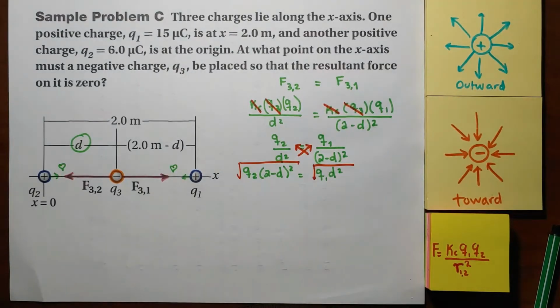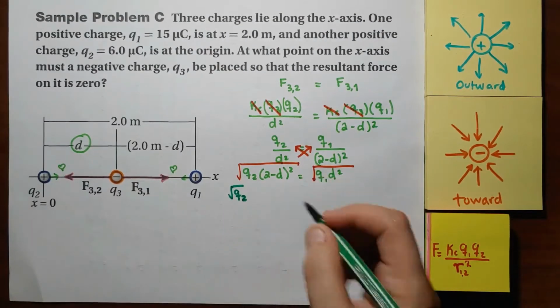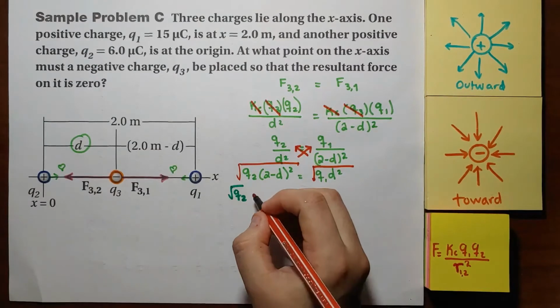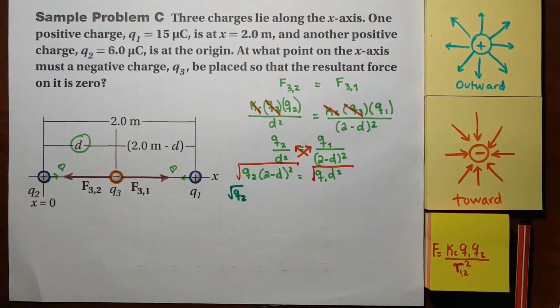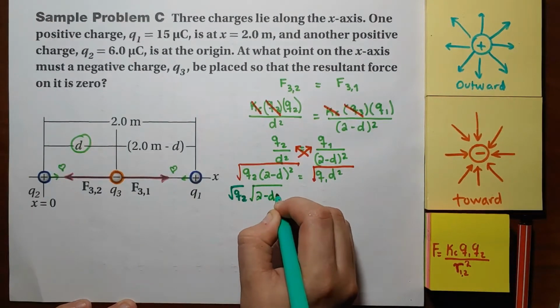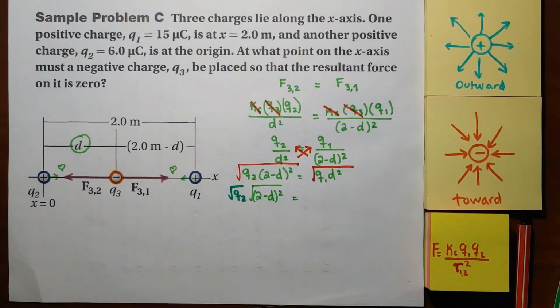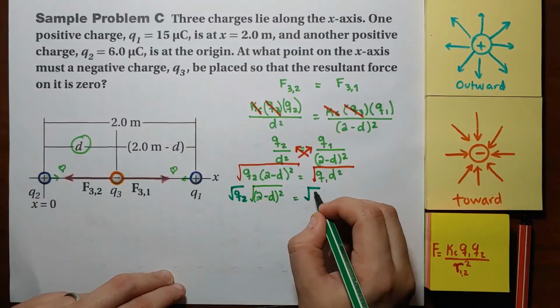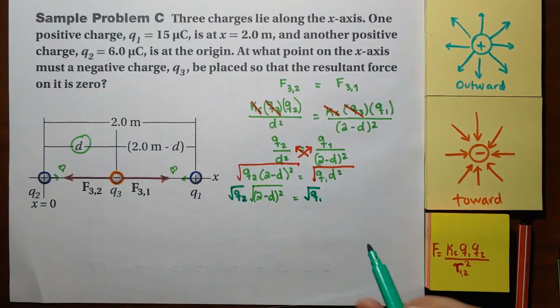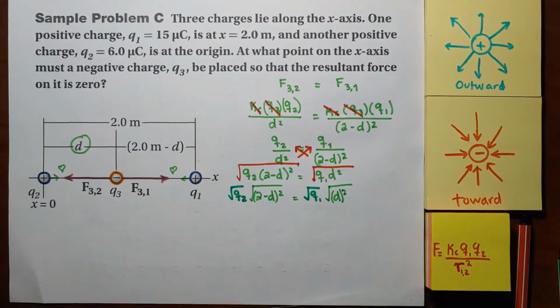So you are going to have the square root of Q2 times the square root of (2 minus d) squared equals the square root of Q1 times the square root of d squared.